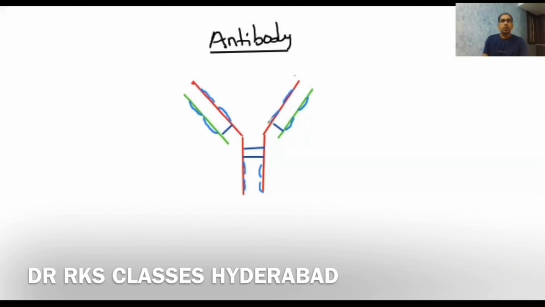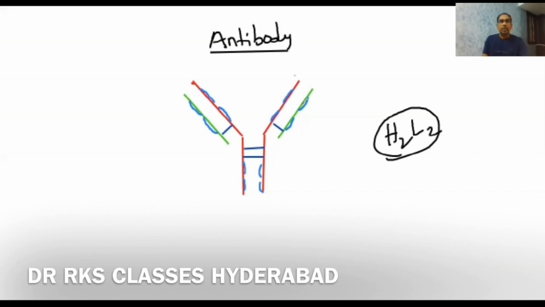It consists of two heavy chains, H2, and two light chains, L2. These heavy and light chains are linked with each other by disulfide bonds. And also we can observe the disulfide bonds between two heavy chains, and the same disulfide bonds are also found within the chains of heavy and light chains.